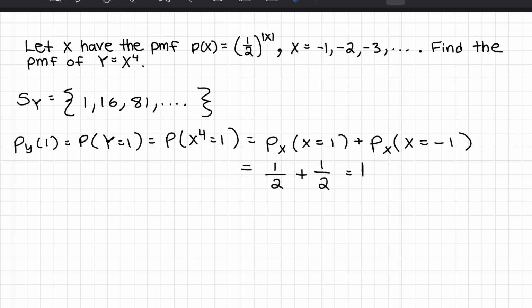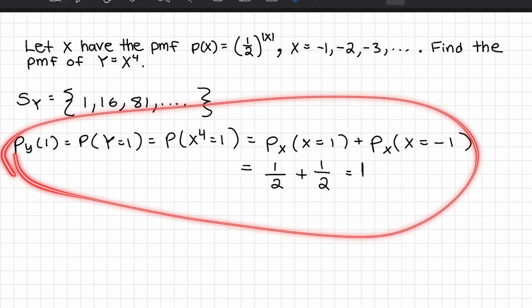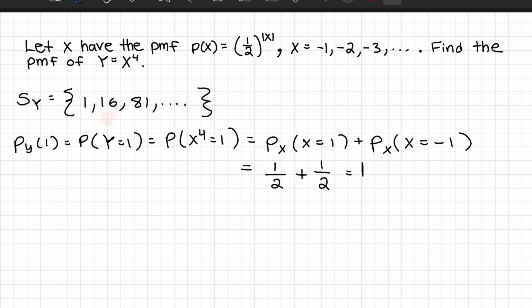Now, I can do this series of steps using the number 16. So the PMF of y at 16 is equal to P(y = 16), which equals P(x^4 = 16).